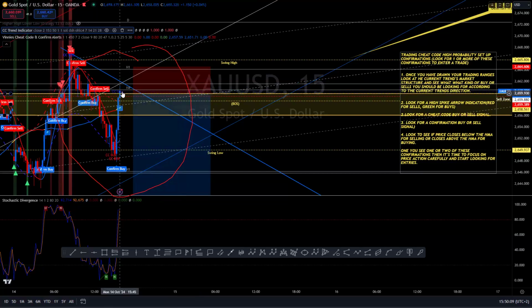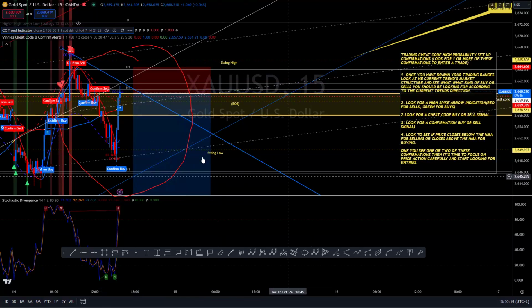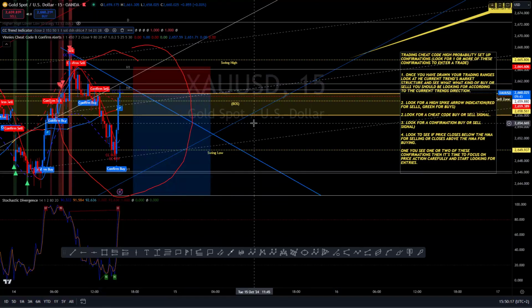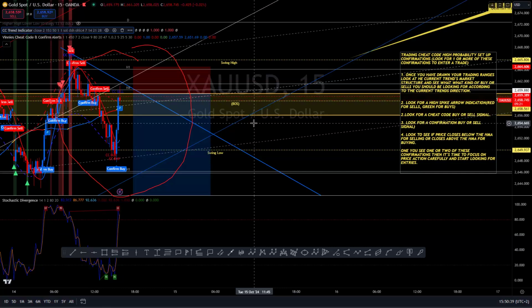And that's just a big wick here. It's forming a big wick. We're trying to sell, but continue wicks here.